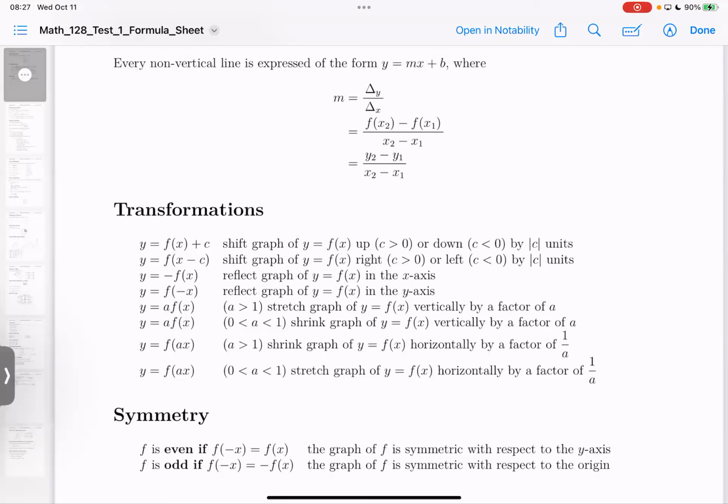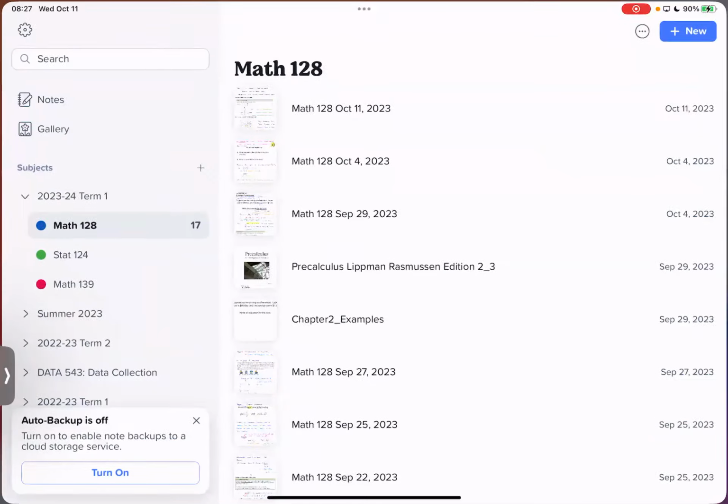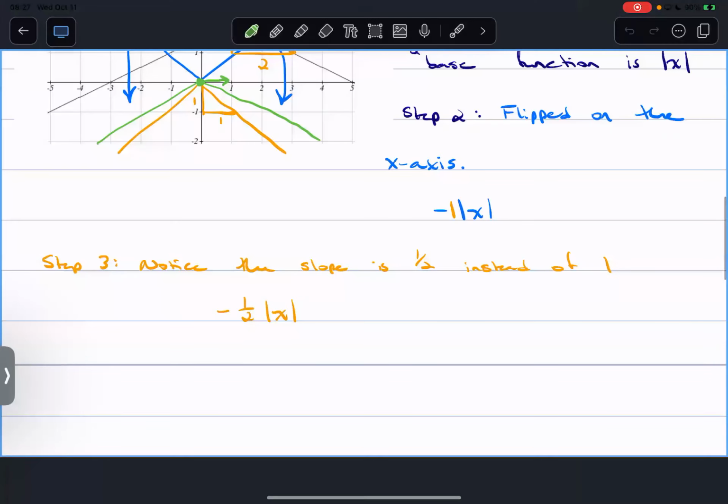okay, so if I want to shift the graph to the right, then I do x minus c, and so go back in here. I don't know where it went.